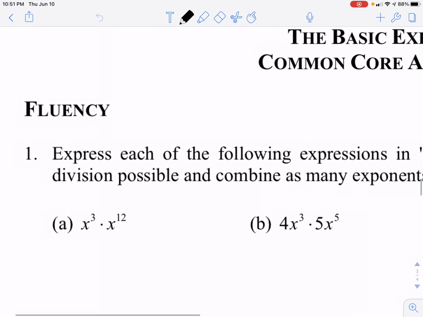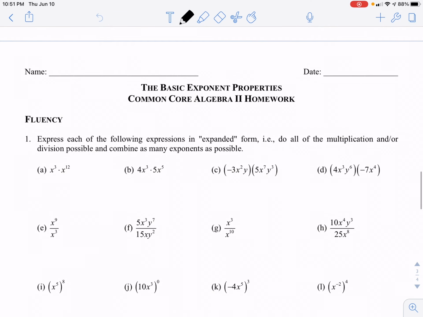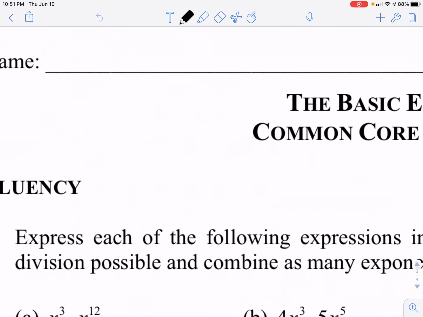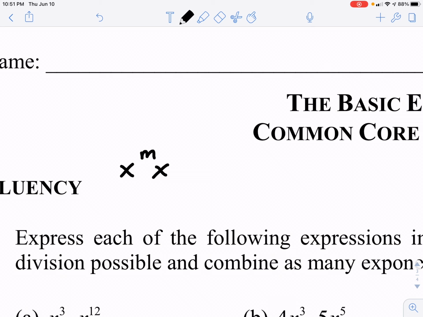we're going to be working through many of our properties here, and in this particular one, we're going to be focused on two main properties. One, x to the m times x to the n.